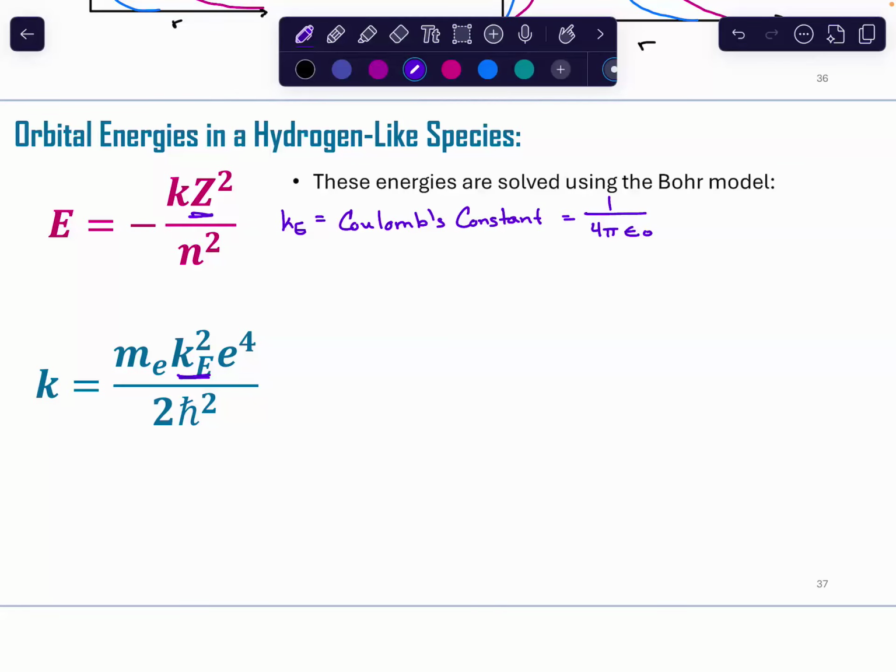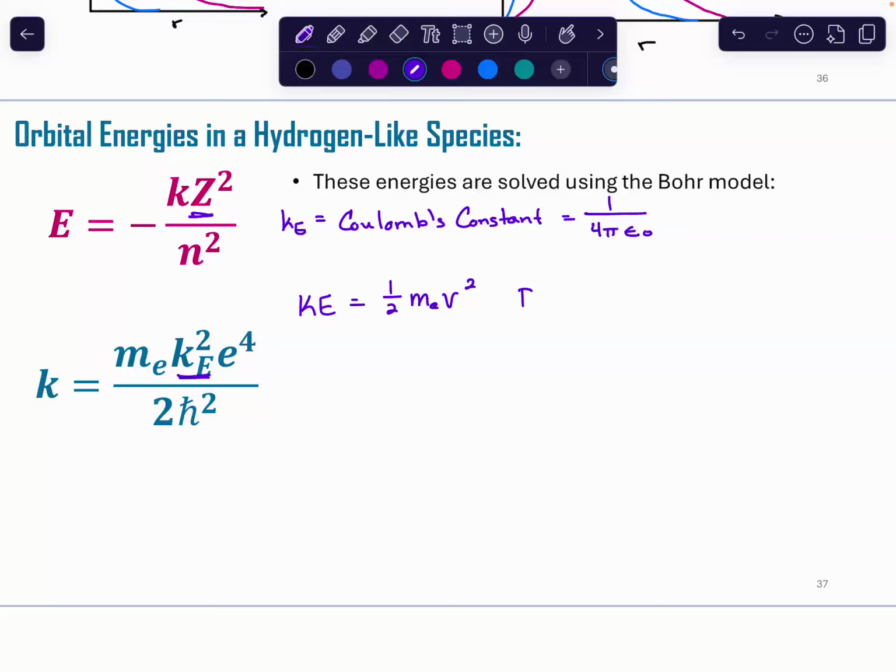Okay, so let's start looking at how we find these energies based off the Bohr model. So we're bringing into account here a couple of things. So first off, in the Bohr model, the kinetic energy of a moving electron is 1/2 mass of the electron, velocity squared.